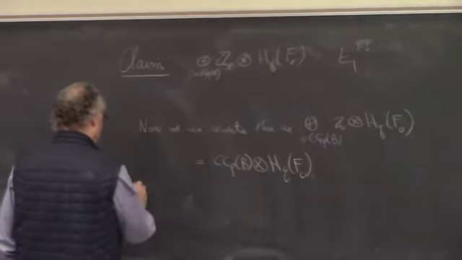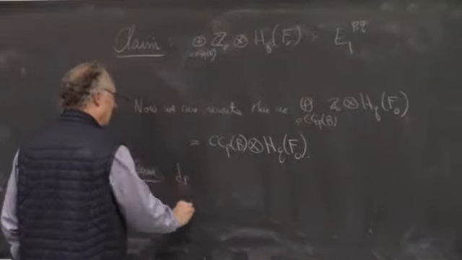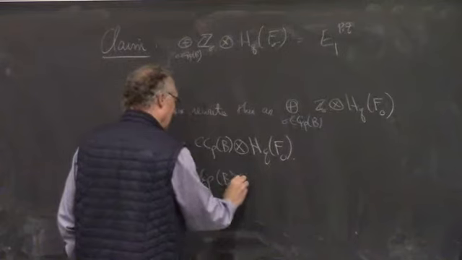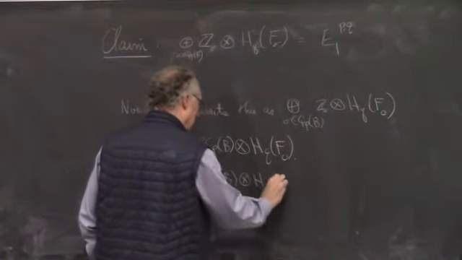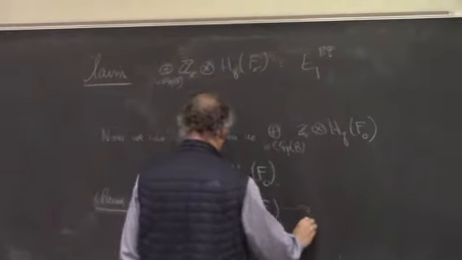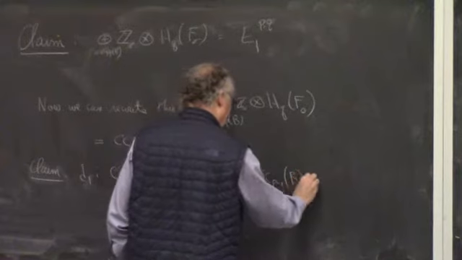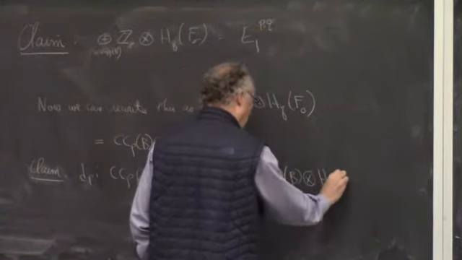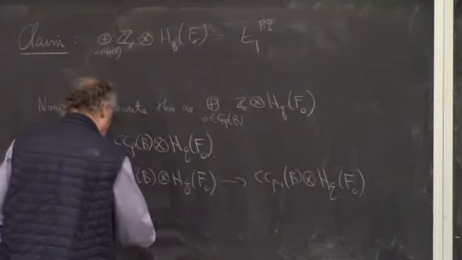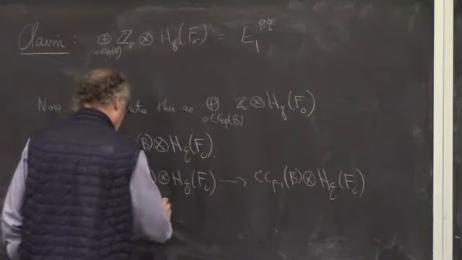And the next claim is that d1, mapping C_P(B) tensor H_Q of the fiber into C_{P-1}(B) tensor H_Q of the fiber, is the boundary map for the chains on B tensor the identity.